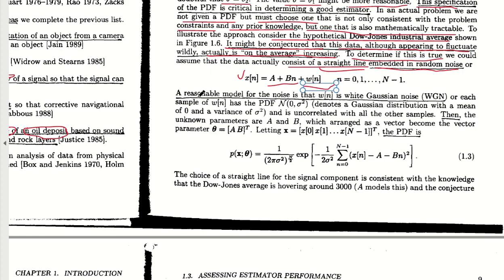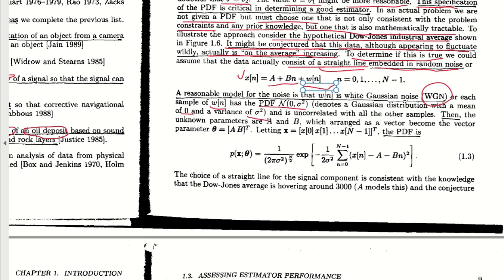A reasonable model for the noise is that w[n] is white Gaussian noise, which we often refer to as WGN, where each sample of w[n] has the PDF N(0, sigma squared), which denotes the Gaussian distribution with mean 0 and variance sigma squared.